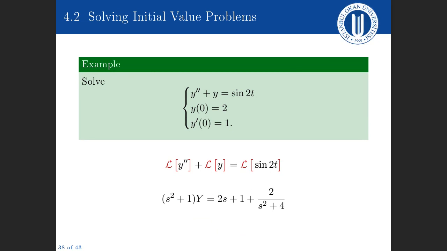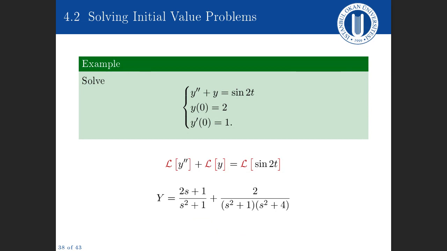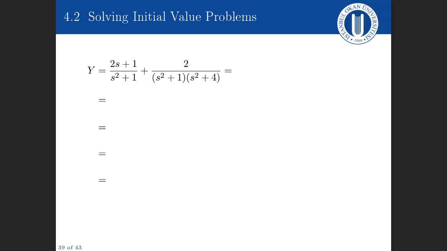Here we go. Capital Y is 2s plus 1 over s squared plus 1 plus 2 over s squared plus 1, s squared plus 4. We need to find the inverse Laplace transform of this function, so we need to write this in terms of partial fractions.